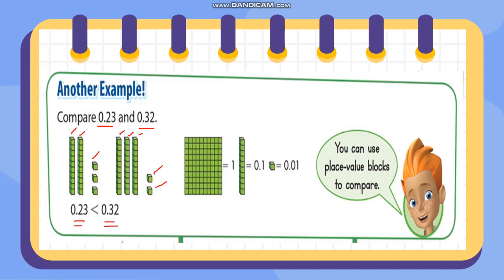To compare using place value, 0 and 0 are the same. 2 and 3 are not the same, so let's compare which is bigger, 2 or 3. Of course 3 is bigger, so 0.23, or 23 hundredths, is less than 32 hundredths.